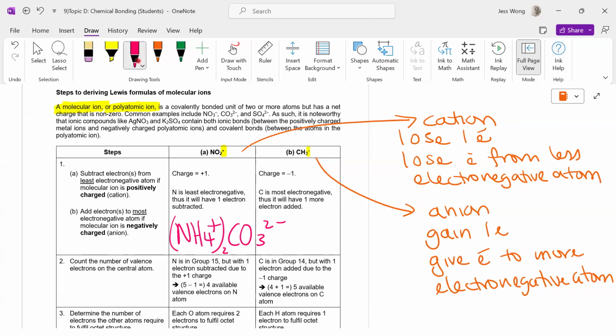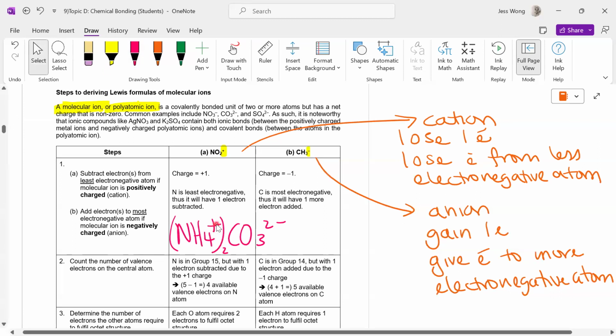In the ammonium, it has a positive charge and we have a negative charge. So between oppositely charged ions, the attraction is ionic. But within the NH4, because these are non-metals, and within the CO3, because these are non-metals, there will be covalent bonds. So this structure has both covalent and ionic bonding.